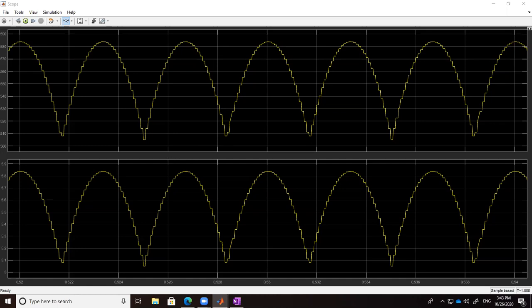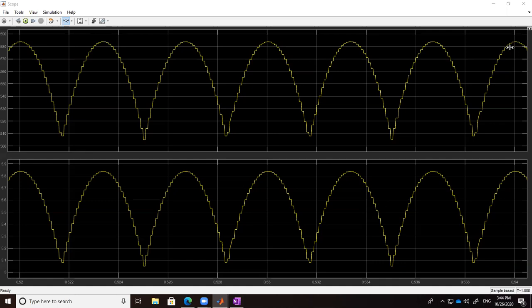One fundamental means 20 millisecond, from 0.52 to 0.54. Your 0.52 starts at this point. So I would say 1, 2, 3, 4, 5, and 6. This point at 0.54, it ends. So I have 6 pulses.